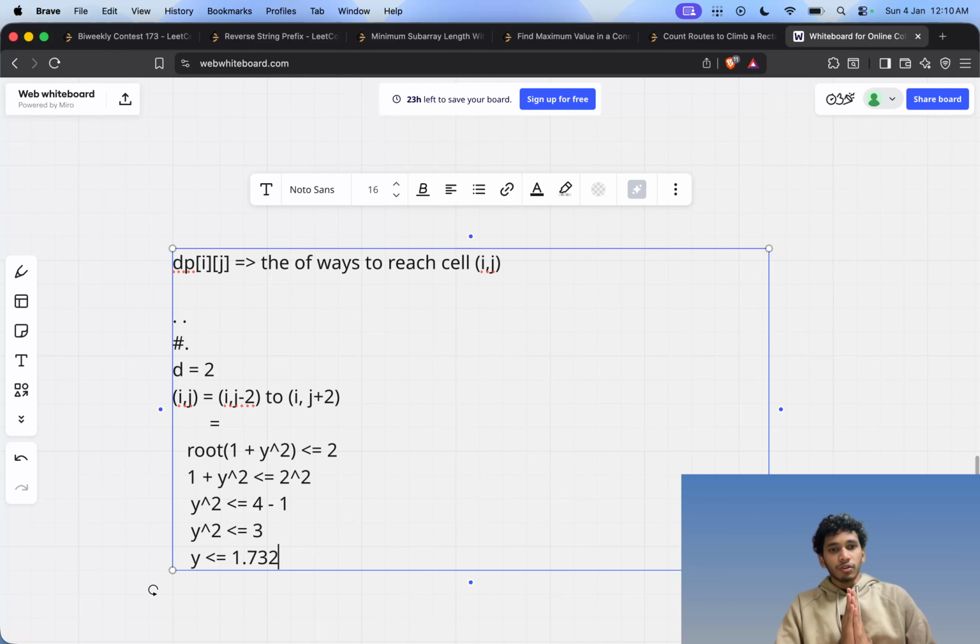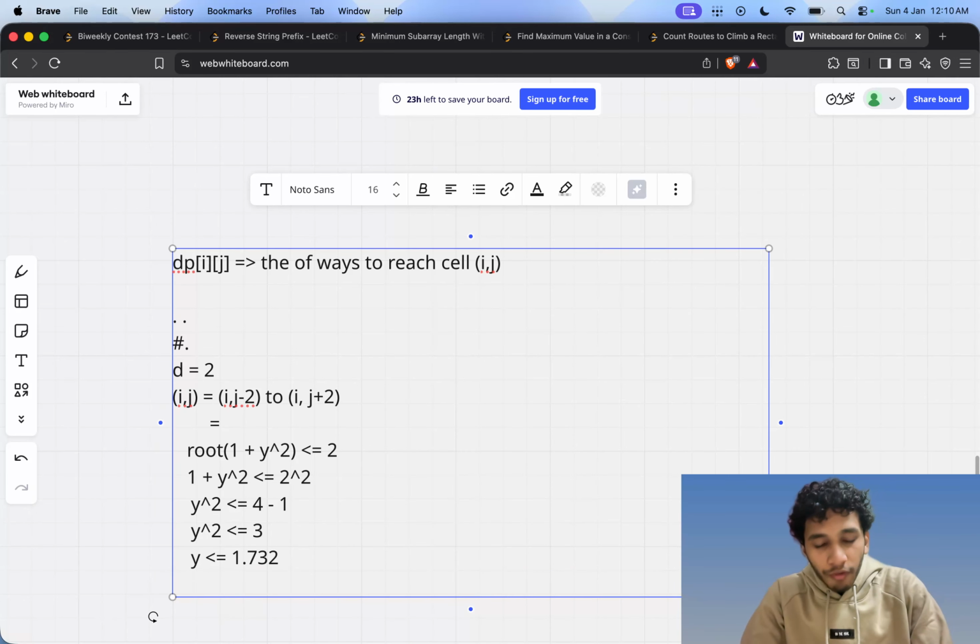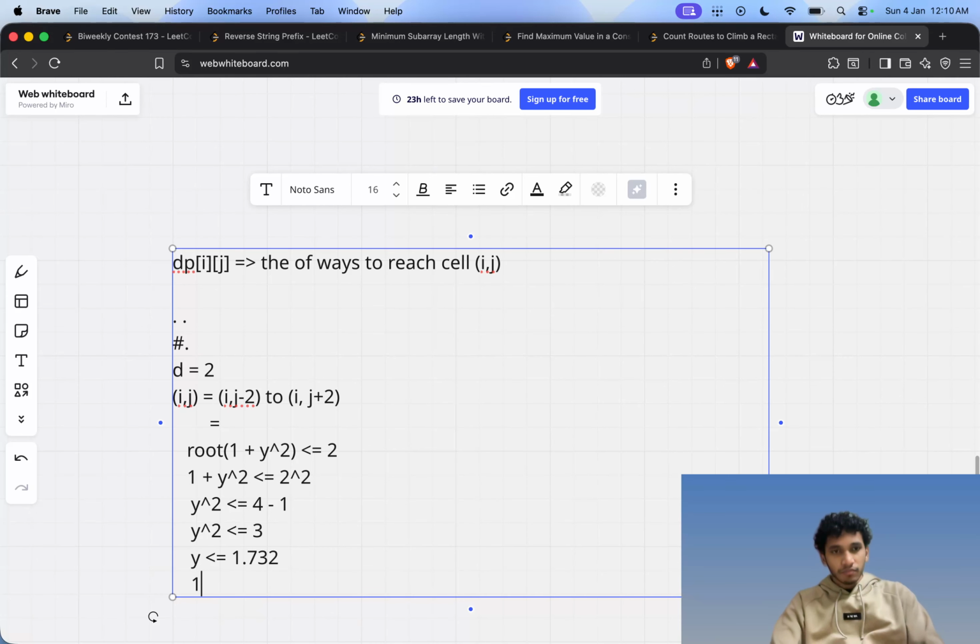Okay. So, and can we move in decimal? All right, we cannot. So we take the floor of this value. Okay. So for changing the row, what is the restriction on change in column? It is 1. That is, we can move from this cell to one cell to the left or one cell to the right.